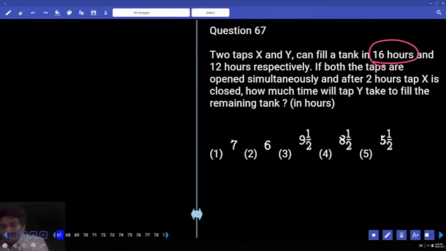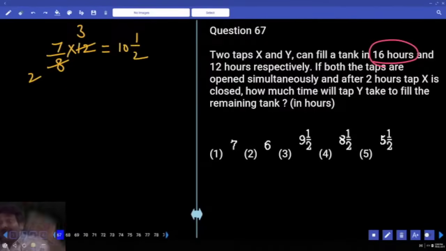Remaining 7/8 is done by Y only, which takes 12 hours. 7/8 of 12 is 21 by 2, 10.5. 10.5 from the beginning. But it is about only the remaining tank, right? Remaining tank comes to picture only after 2 hours from the beginning. So from this you have to subtract 2 hours. Answer 8.5 hours.